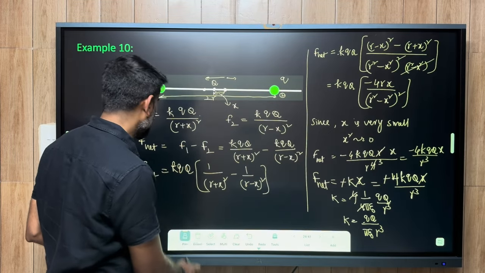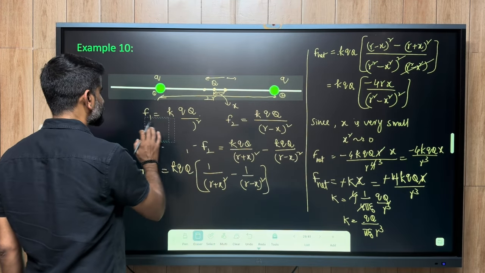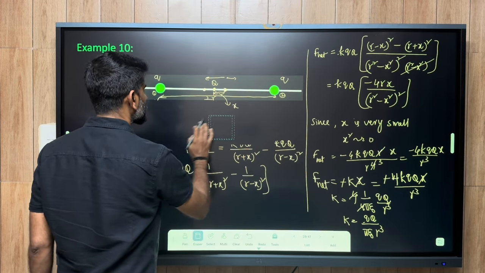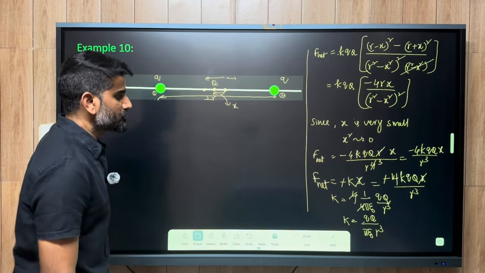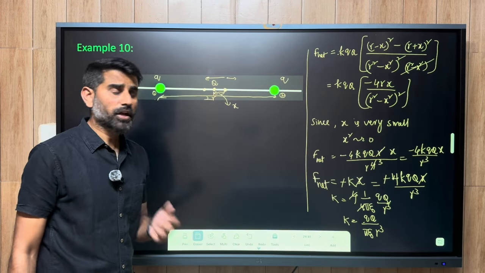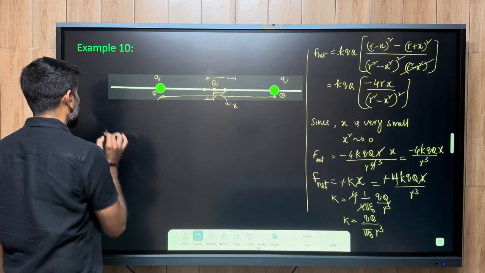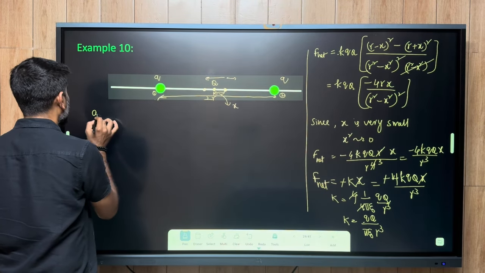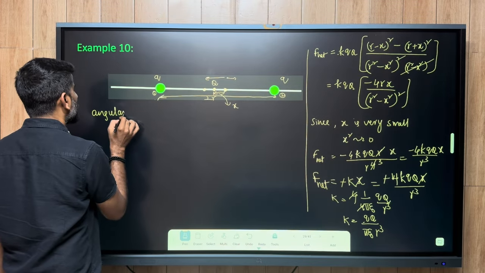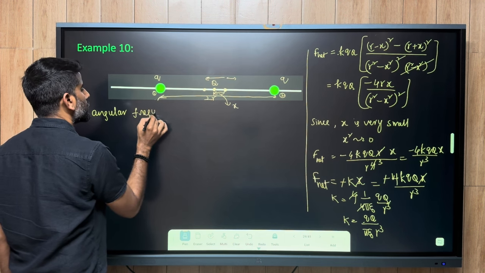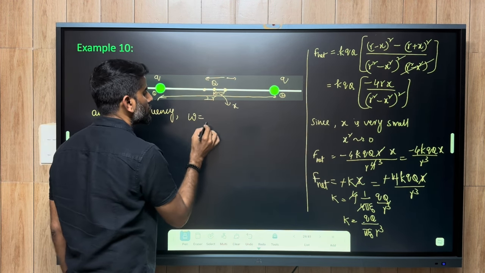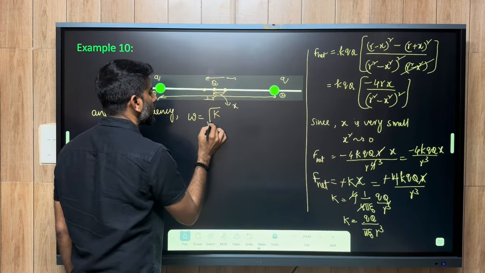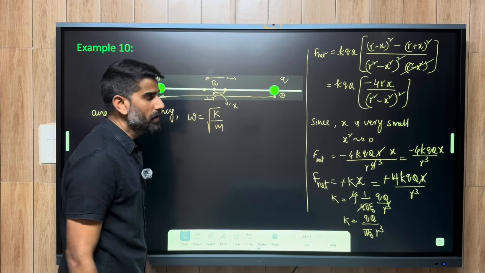Now what are we asked to find? Angular frequency first. Angular frequency omega is equal to root over k by m.